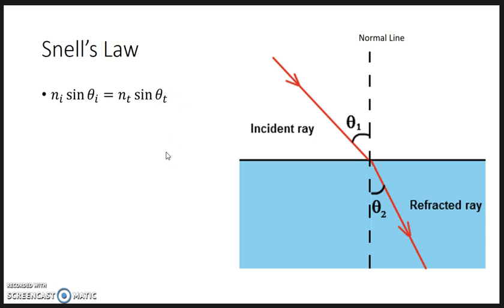So where does this index of refraction come from? Well, later on it was discovered that the indexes of refraction actually relate to the speed of light within the substance. So the index of refraction is equal to the speed of light in a vacuum, which is given as 2.99 times 10 to the 8th meters per second, divided by the speed of light in the material.